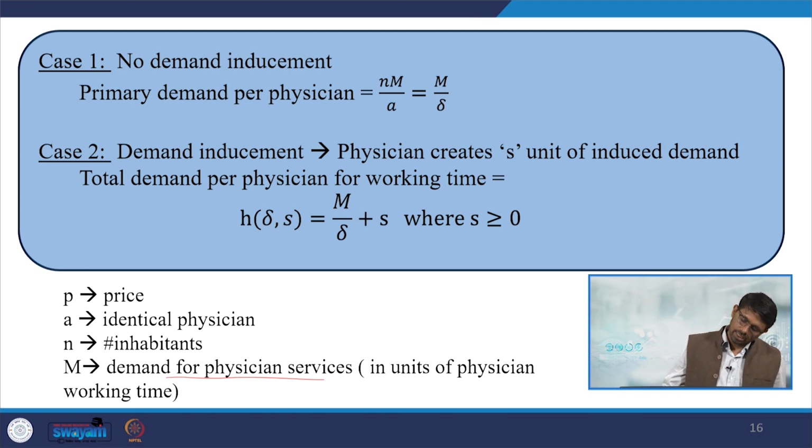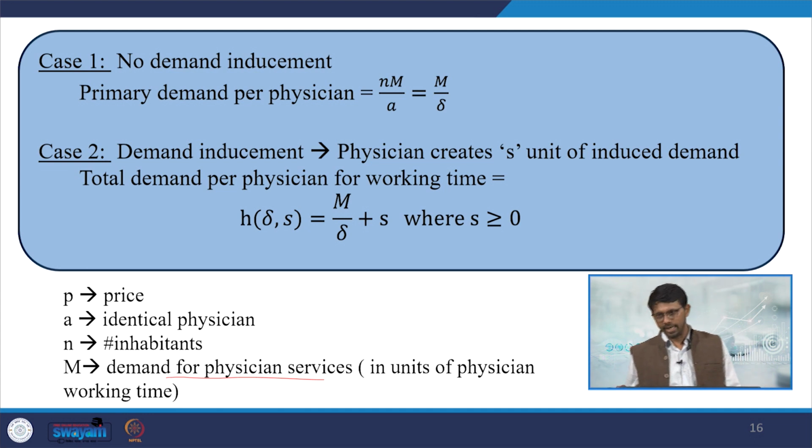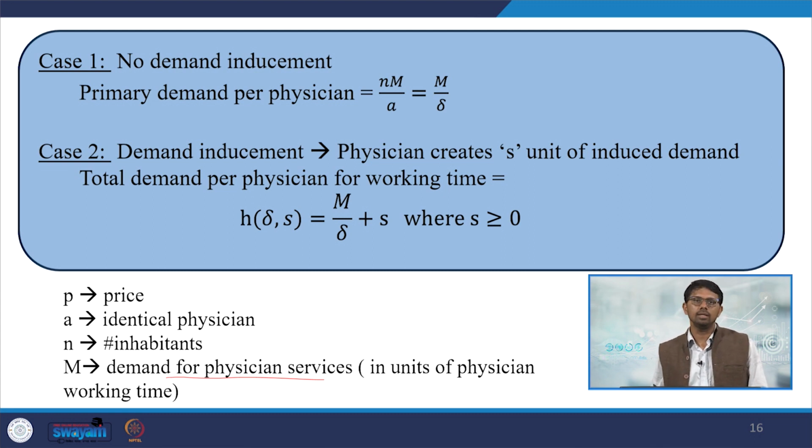So, as a ratio we present this as m divided by delta. Delta we have already taken as A by N. So, the primary demand per physician is interpreted as m upon delta.